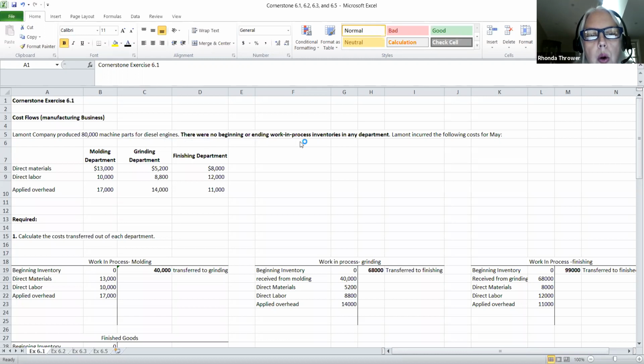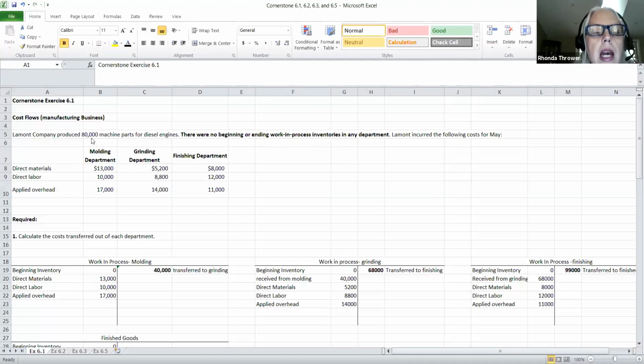Something that's important about this particular problem I have in bold here. There is going to be no beginning or ending work in process inventories in any one of the departments. So we're starting out kind of slow and easy here.